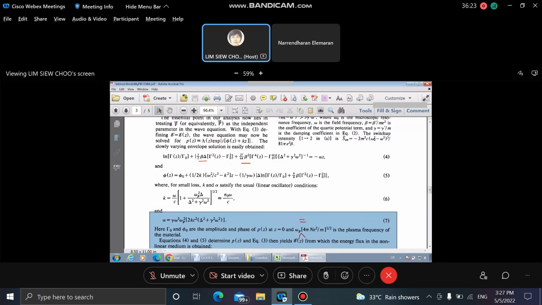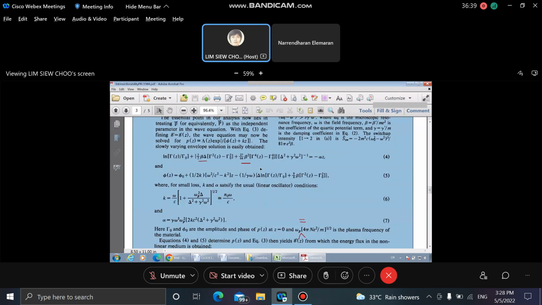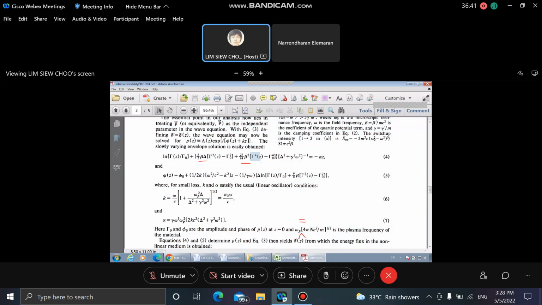But anyway, we have already reached here. What you need to do is put into the numerical solution. You change the frequency, and then you find the multiple values of this because of the fourth order equation. You find 4 values of lambda, each lambda will give you the corresponding phi.